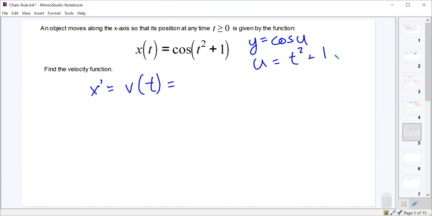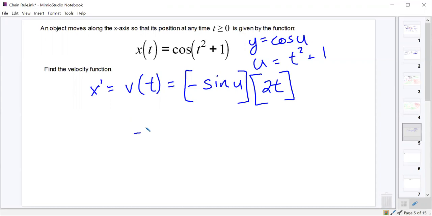All right, so using the chain rule, it should be the derivative of this first one in terms of u. So what's the derivative of cosine u? It should be negative sine u. And then we'll take the derivative of this one. What's the derivative of t squared plus 1? 2t.